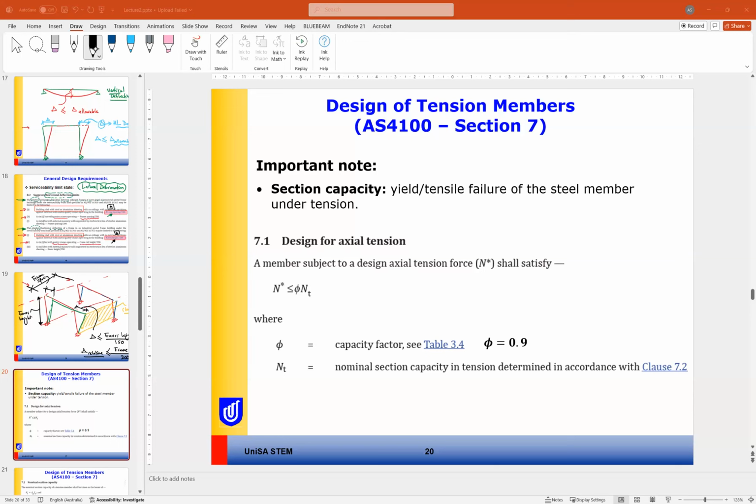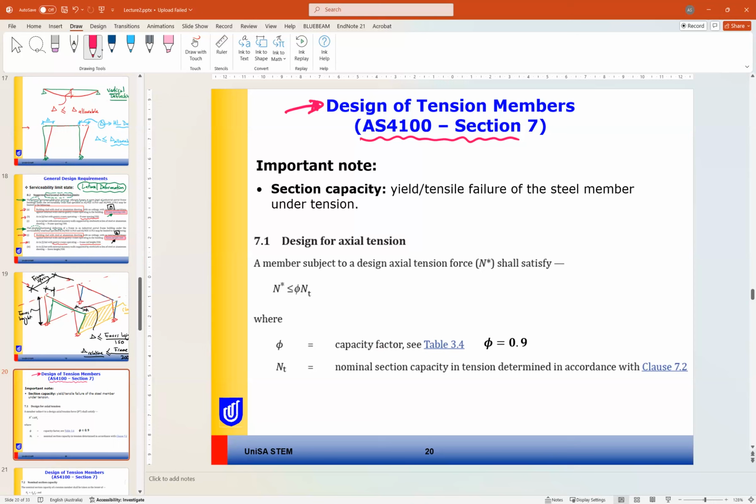So now the next part is the design of tension members according to the Australian Standard AS 4100 section 7. Do you have a copy of the standard or not yet? You will need to download or access the standard so that you can have a look at the formulas and the explanations.